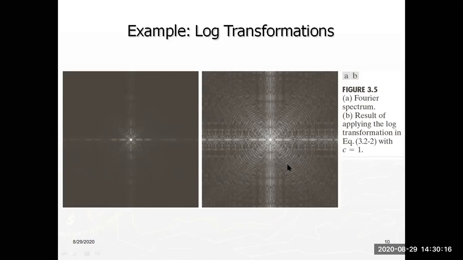That means you are increasing the intensity of the particular values with the log transformation function. The first one is the input image, the second one is the output image, the result of applying the log transformation function.